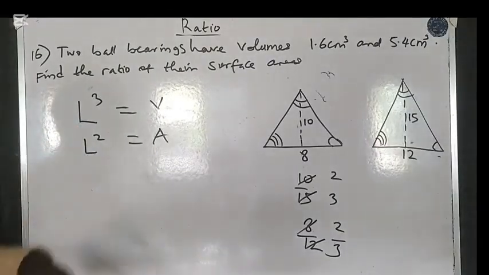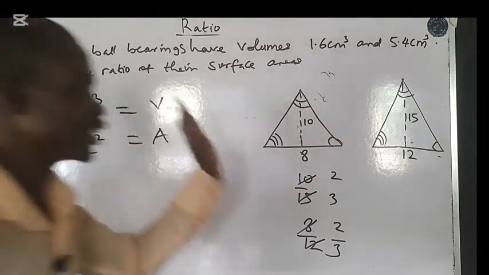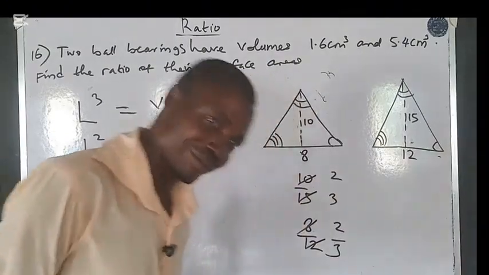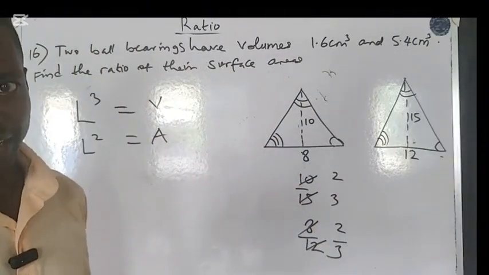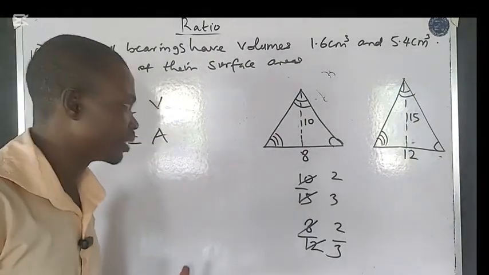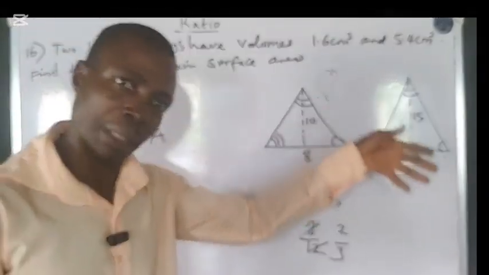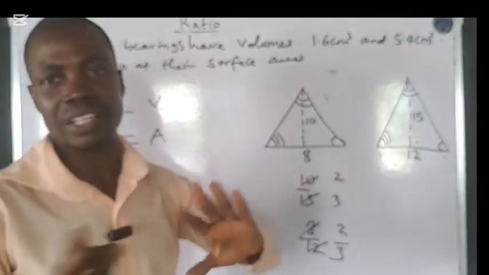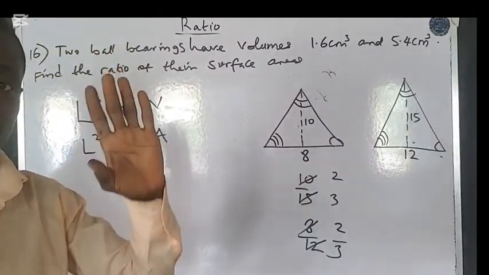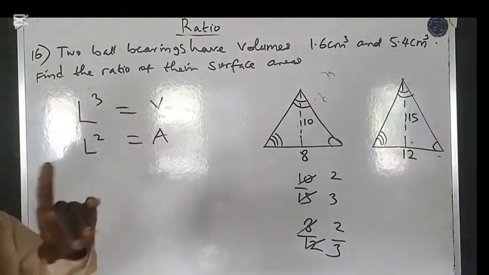All I just need to know, if I'm finding volume or if I'm finding area, is the ratio of the corresponding sides. That's all you need. If they ask you to find the ratio of their surface areas, no problem. If they ask you to find the ratio of their volumes, no problem. All you need to know is the linear ratio.